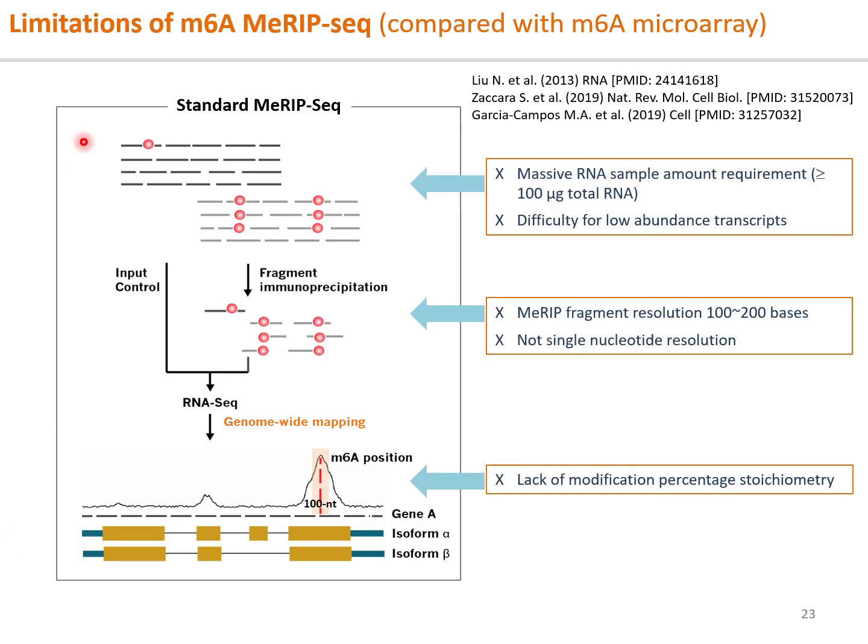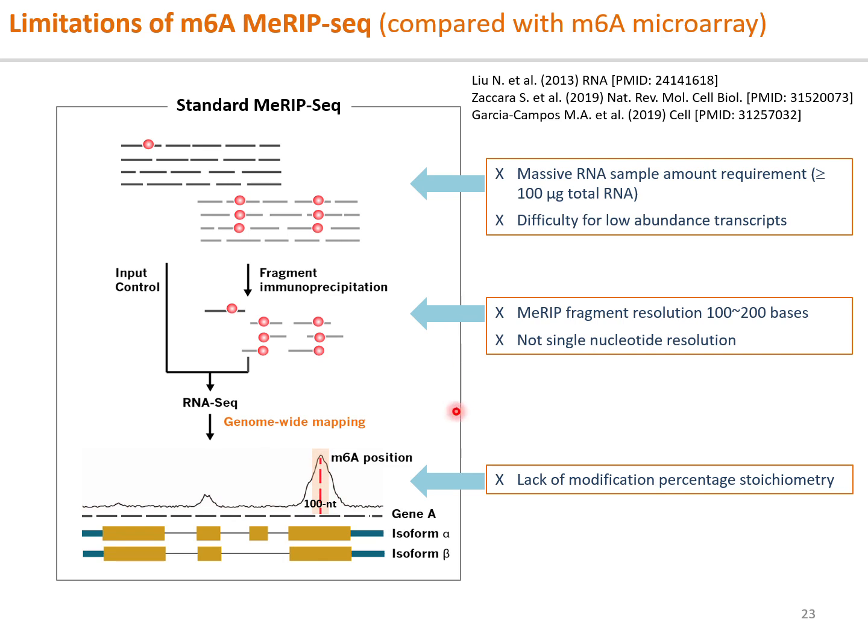Methylated RNA immunoprecipitation sequencing, or MeRIP sequencing, has been used for m6A profiling. Although current MeRIP sequencing technology can map m6A sites in RNAs and measure the abundance as the peak heights, it has many limitations. It cannot profile the modification stoichiometry or the percentage of modification.